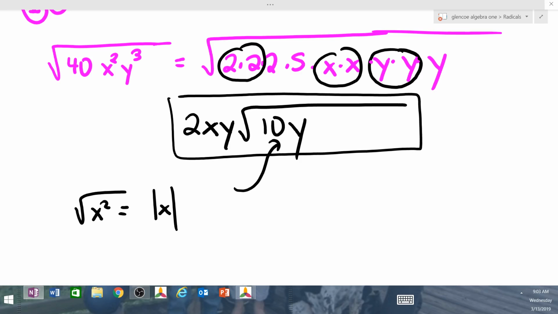Actually, I don't think any of us in the math department hold you responsible for that at this time in Algebra 1, geometry or Algebra 2. Do you remember, Chris, did they make you use the absolute value when you were taking the square root of x squared? Maybe in Algebra 2 honors? Yeah. In Algebra 2 honors. So we're going to wait until we get there because right now we're learning and I think we're doing a great job. Okay, does anybody have a question up to this point?